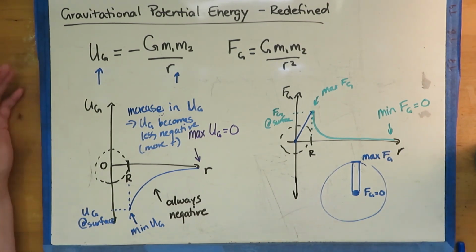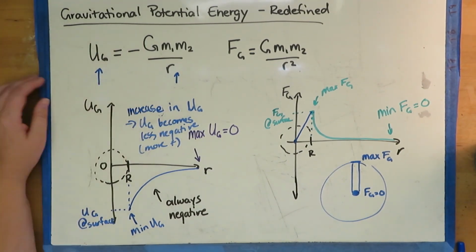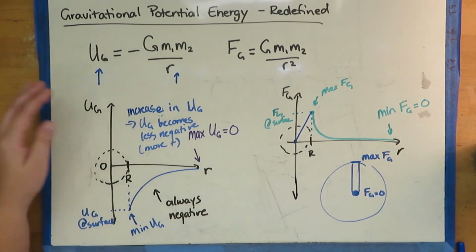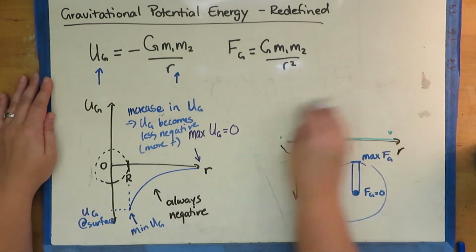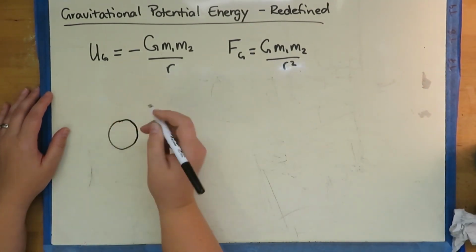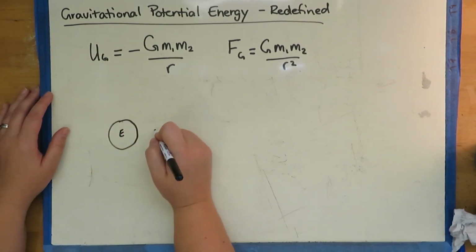When we're looking at orbits, remember that if you are in a circular orbit, your gravitational potential energy is going to be constant because your radius is constant. So where you might see gravitational potential energy is when you are changing to a different radius. Let's say we wanted to escape an orbit. So let's say that here was the Earth and we had some sort of satellite here.